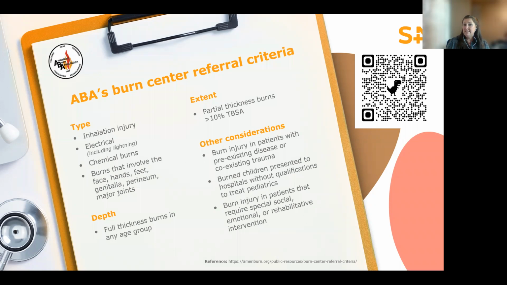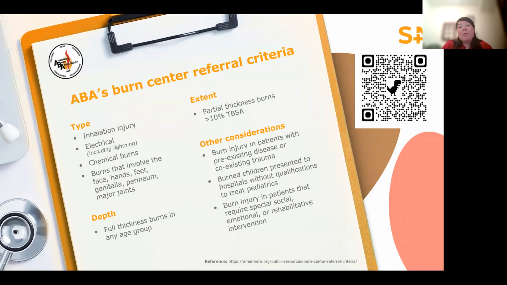And Ashley, I think you have a QR code here that you wanted to speak to. Yes, so there is a QR code on the right-hand side of the screen. You can take your phone with your camera, similar to those fancy new menus at restaurants. And this QR code will bring you to the Canadian Burn Association's resource website.